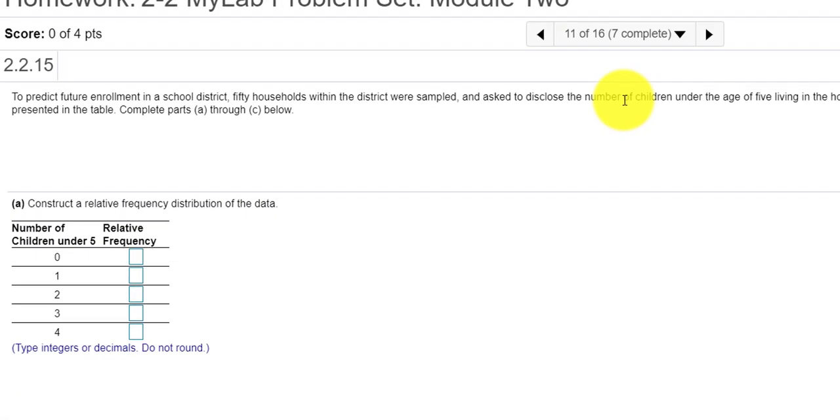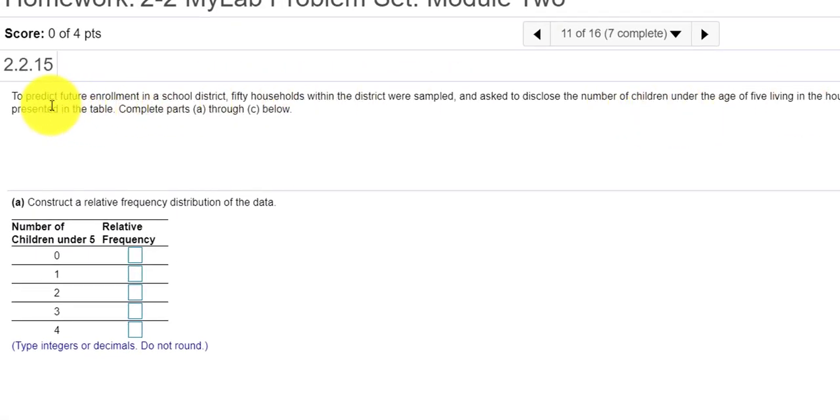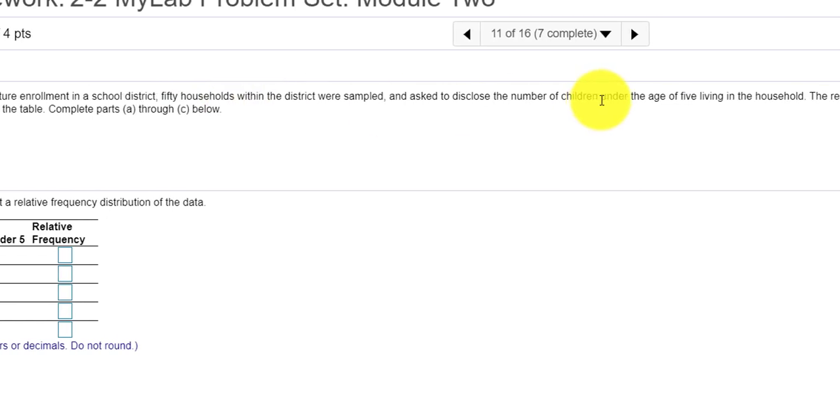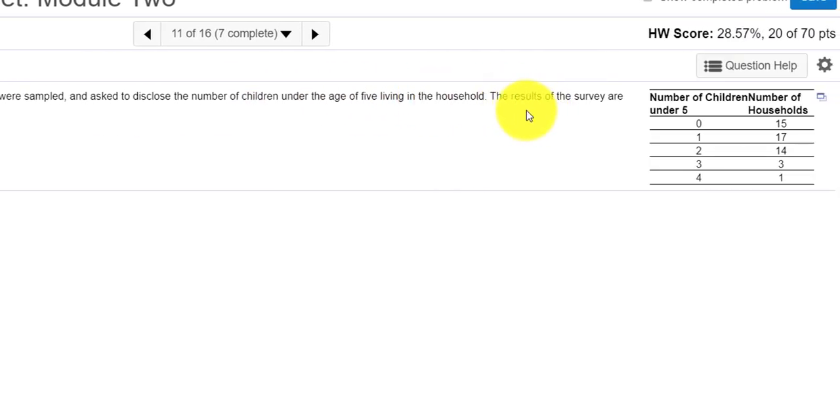Let's see, question 11. Okay, to predict the future enrollment, we have 50 households. All right, so the total number of this should total 50. And then we get the frequency chart here.